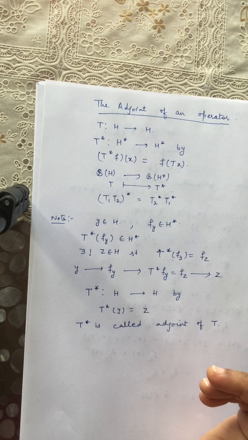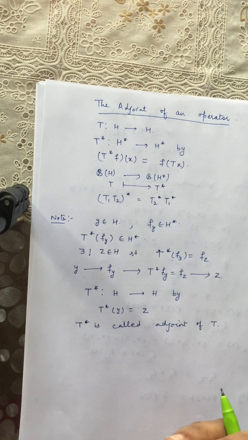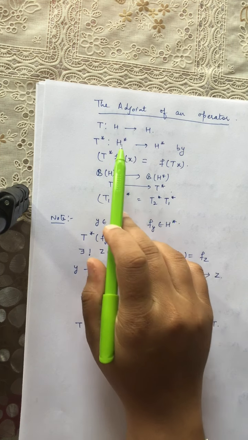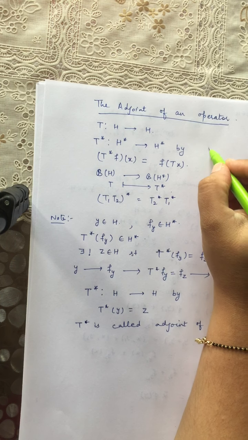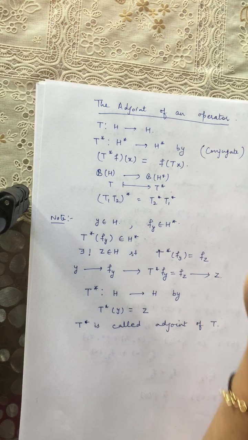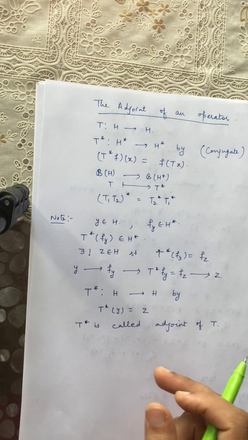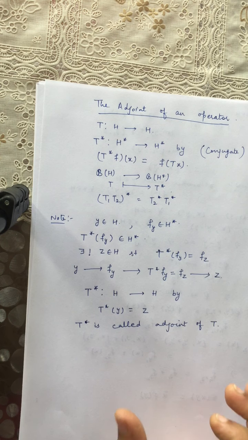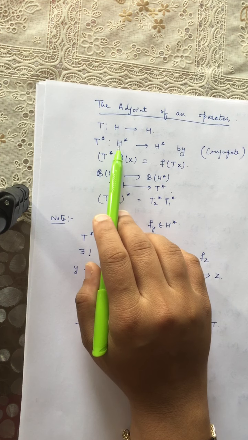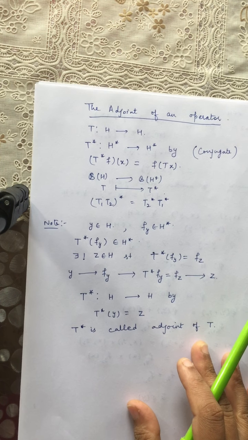Now the question is why we defined the adjoint and conjugate and denoted these two mappings by the same symbol T star. Here this T star denotes the conjugate of the operator T. Here this T star symbolizes the adjoint of T. The difference is that this T star is defined on H star and this T star is defined on H. How can we differentiate between these two?